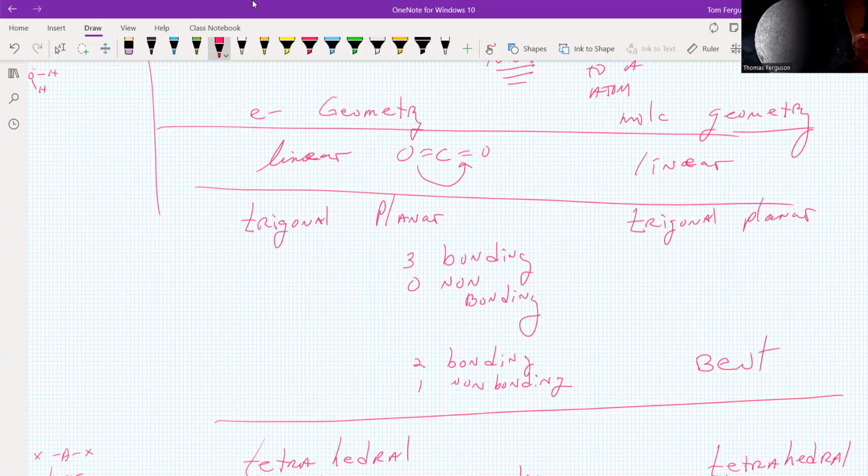What would that angle be? 180. So for linear, it's going to be 180 degrees.